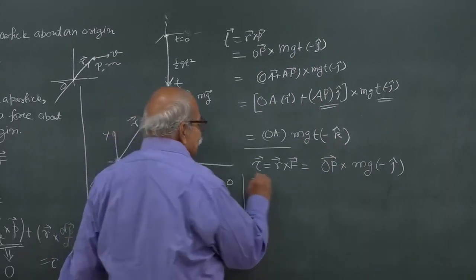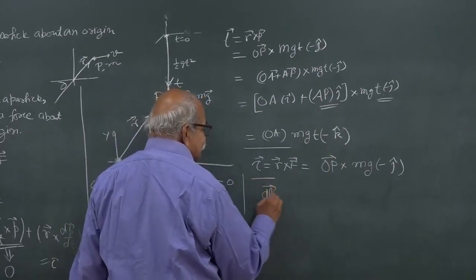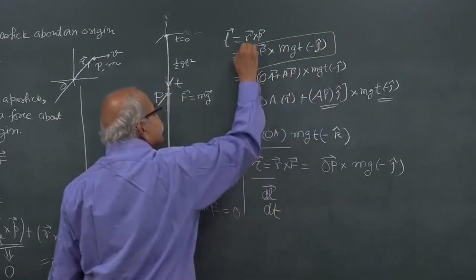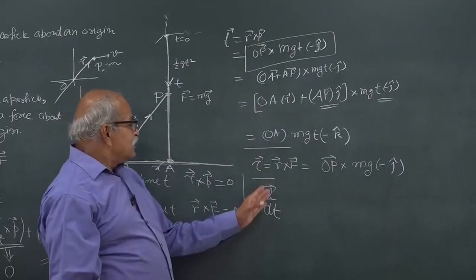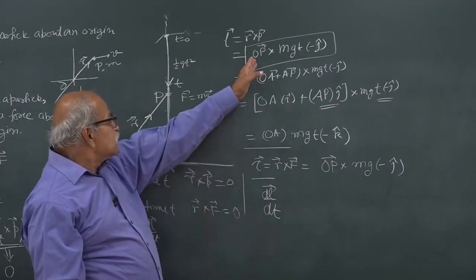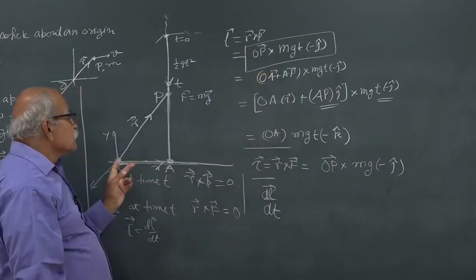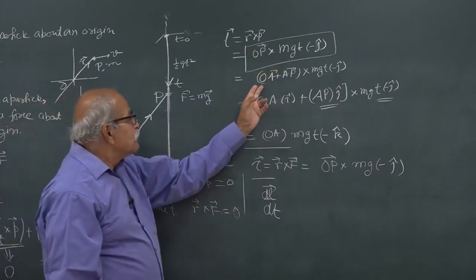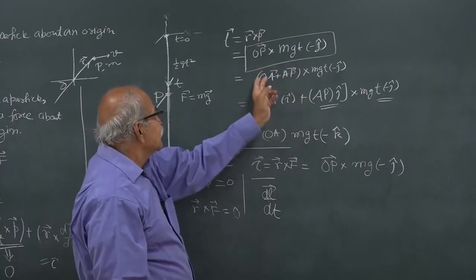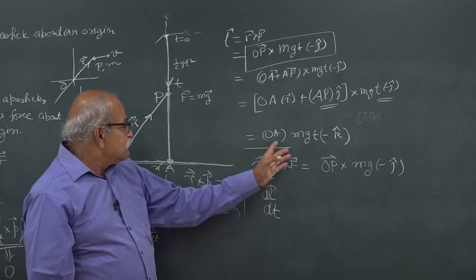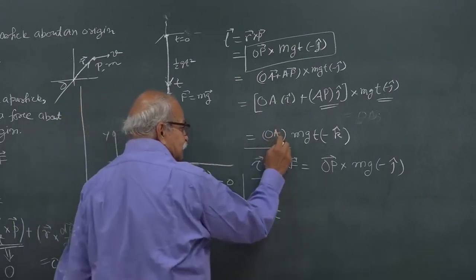So, now if you do this dL/dt, here is L, and I am doing dL/dt, differentiate this with respect to time. OP is not a fixed vector, OA plus AP, you can write it like that. So, your dL/dt, OA is fixed, correct.